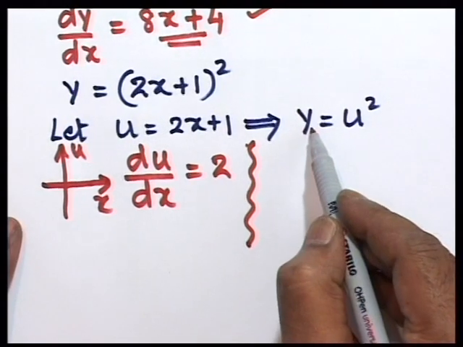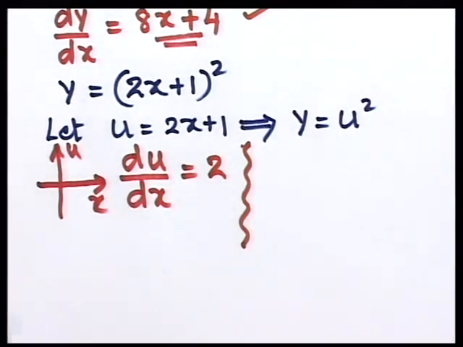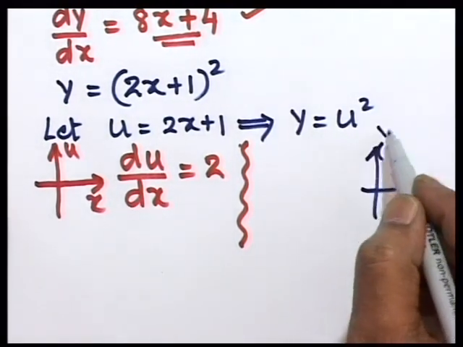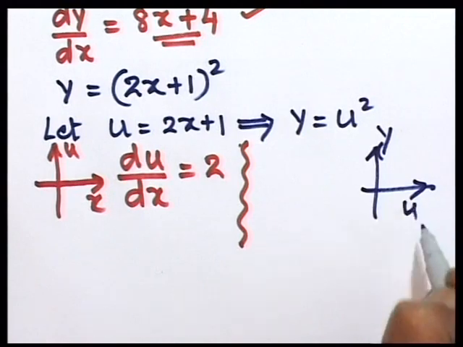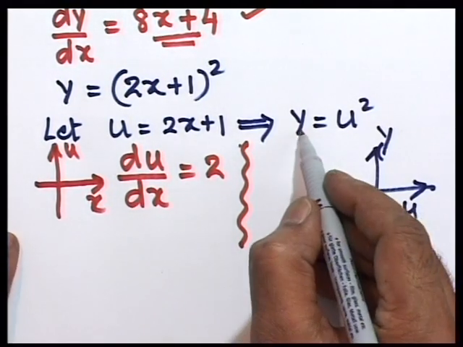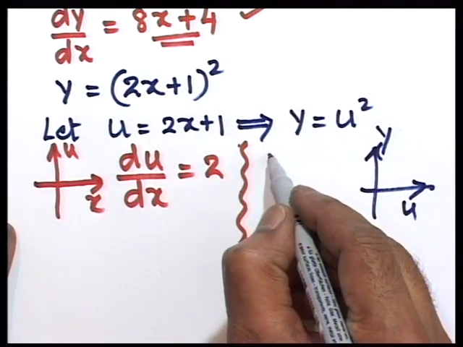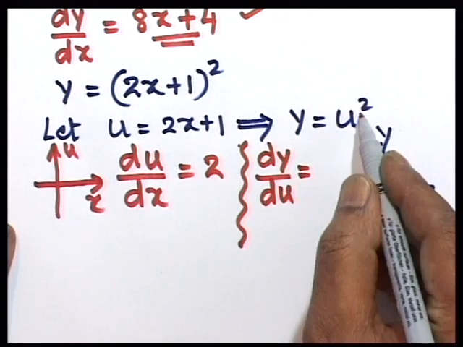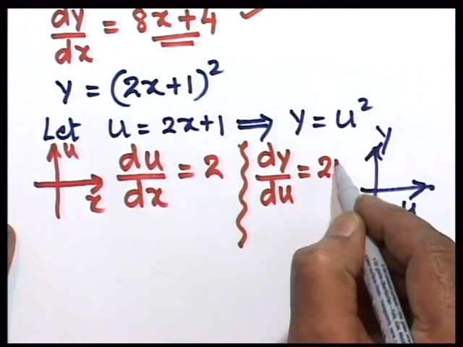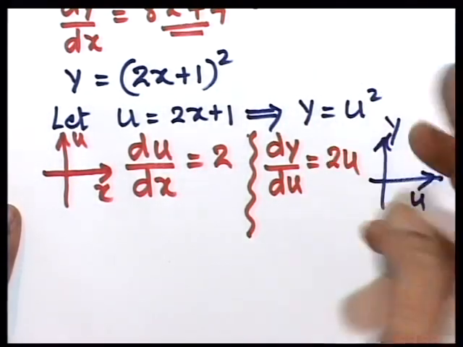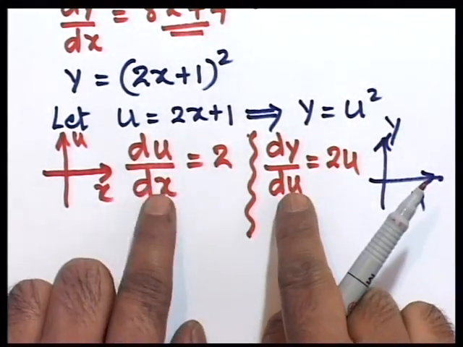Now let's differentiate y = u squared. Exactly the same way, there's a y-axis and a u-axis, so we can differentiate y with respect to u. We have dy/du = 2u, because x squared differentiates to 2x. So we have two derivatives.